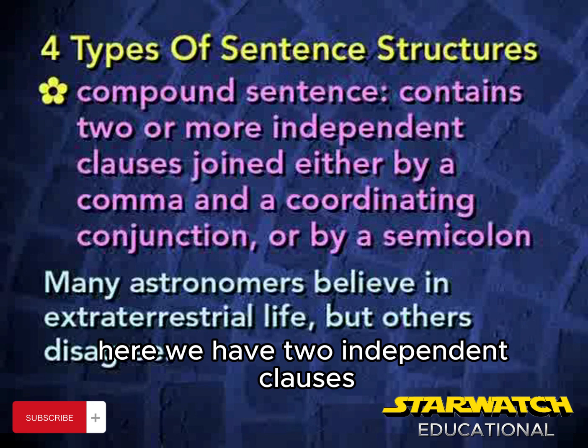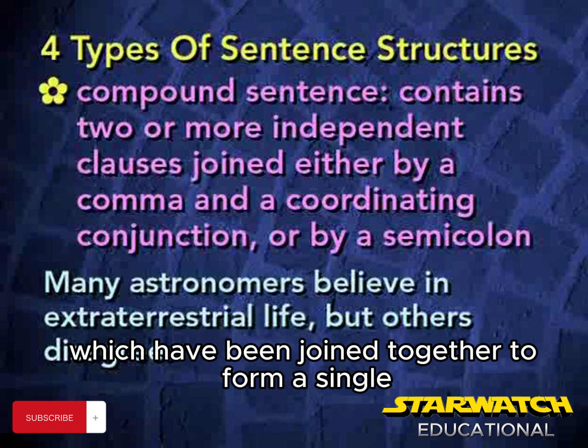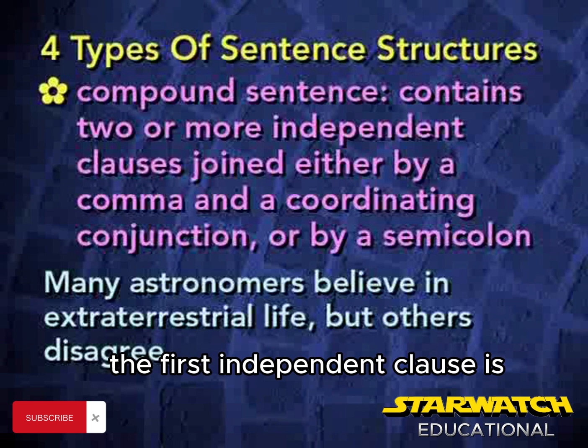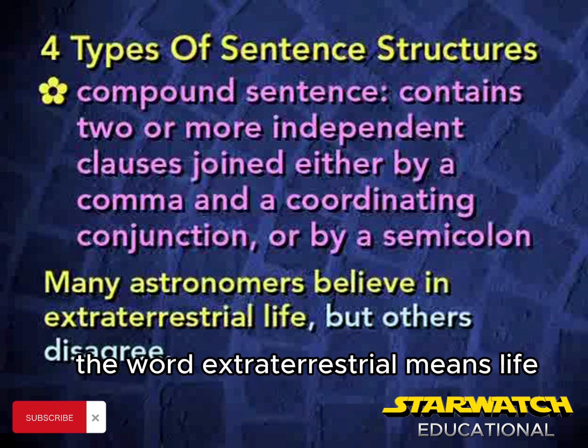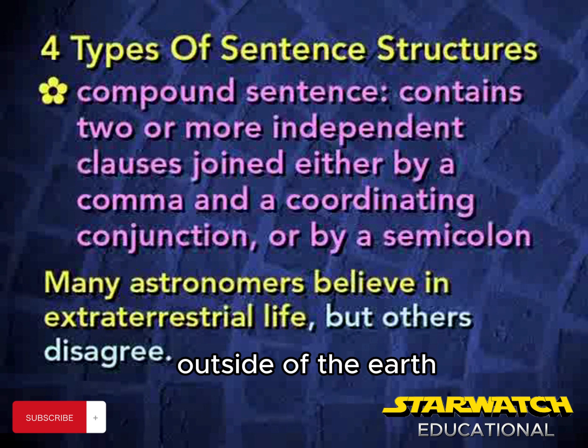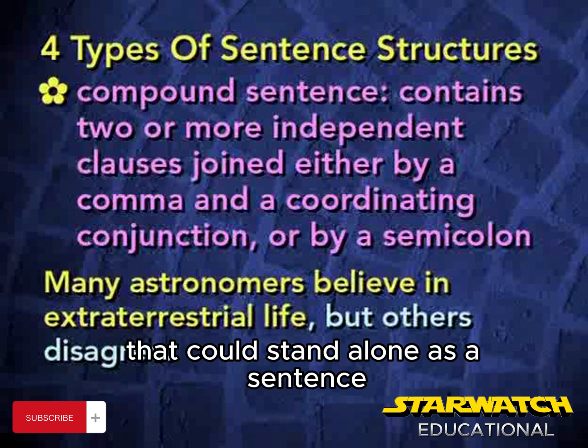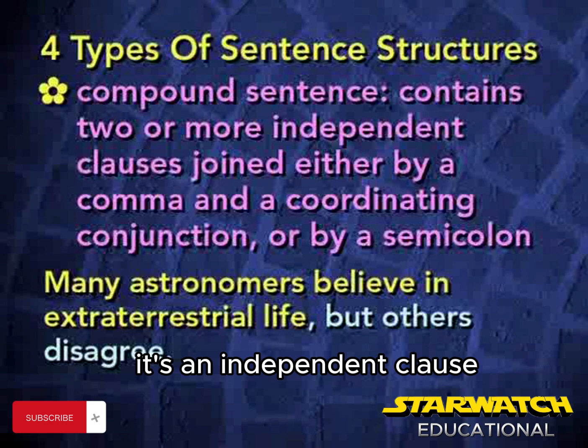Here we have 2 independent clauses which have been joined together to form a single compound sentence. The first independent clause is, "Many astronomers believe in extraterrestrial life." The word extraterrestrial means life outside of this planet, outside of the Earth. That could stand alone as a sentence. It's an independent clause.